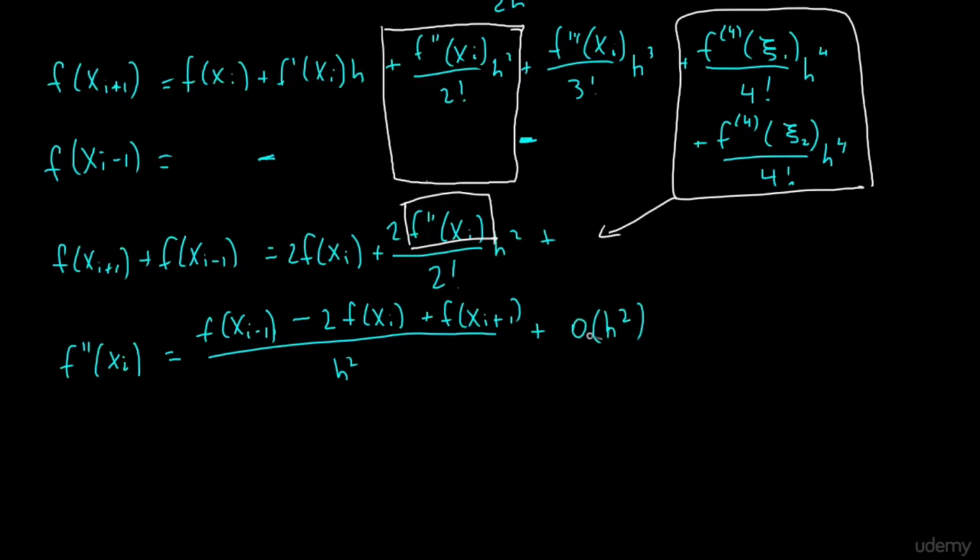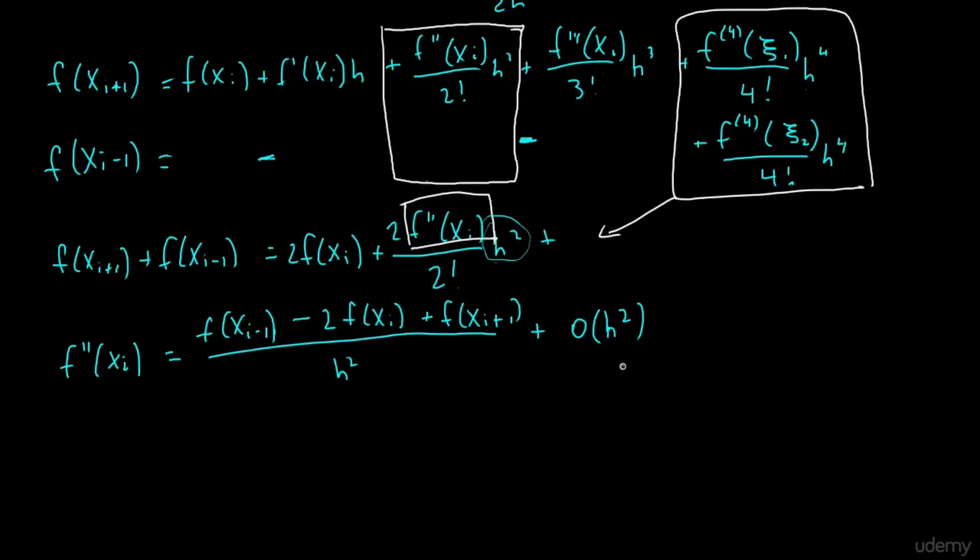So once again, we're getting the error term on the order of h squared, just to explain how this came to be. These are h to the 4 here. However, to get rid of this h squared here, we essentially divide everything by it, and that explains the h squared here. The second derivative has been extracted without the h squared.